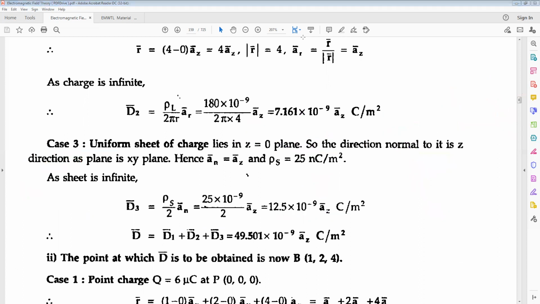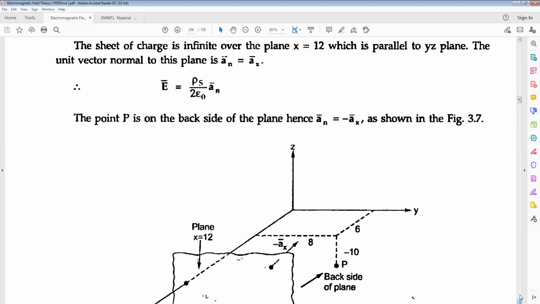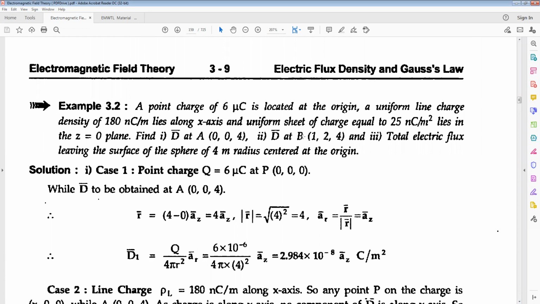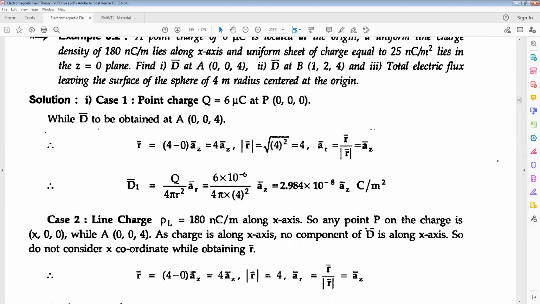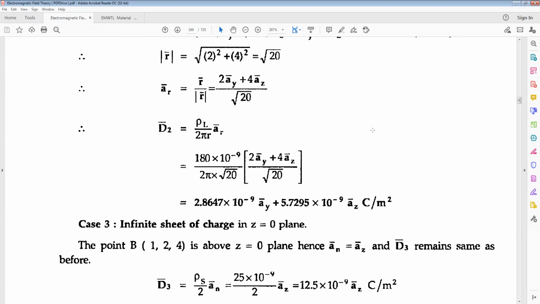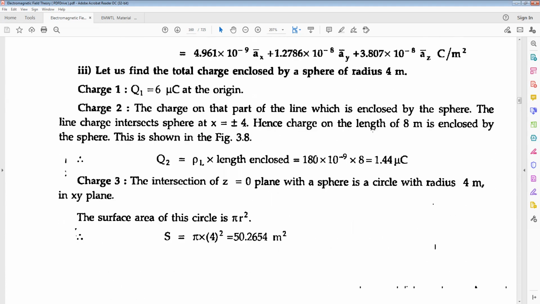Got it, my students? And what is the second one here? D bar at 1, 2, 4. You can find out, we found now that A is 0, 0, 4, and at B 1, 2, 4 also you can find out. So now Q1 is 6 microcoulomb at the origin.